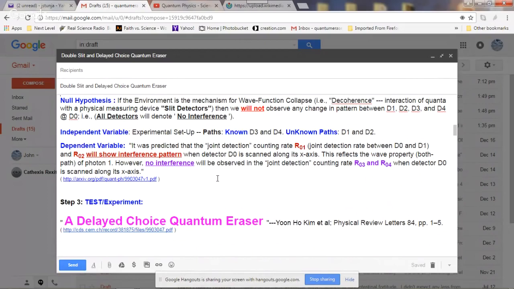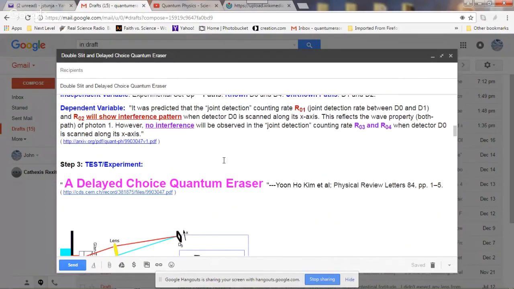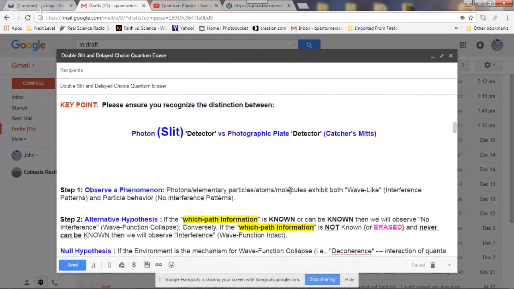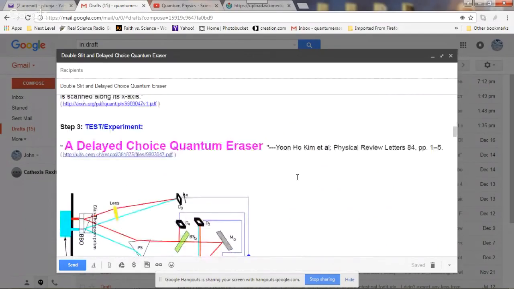However, no interference will be observed in the joint detection counting rates of R3 and R4 when detector D0 is scanned. All right, so that's pretty cut and dry. So to solve this issue and to answer which one of the two camps here was correct, the delayed choice quantum eraser was devised.